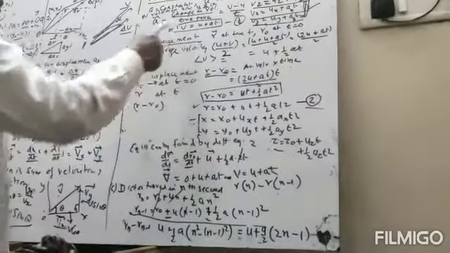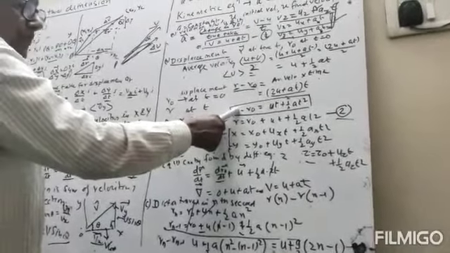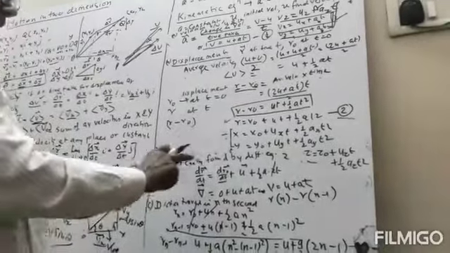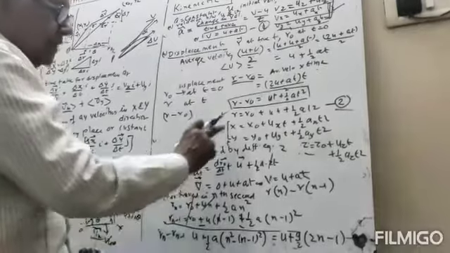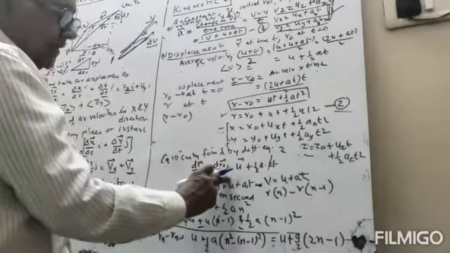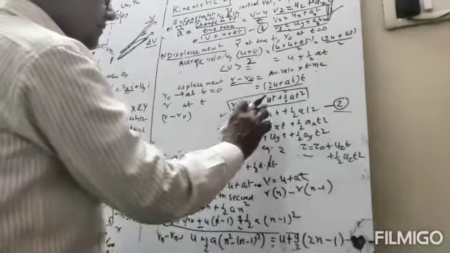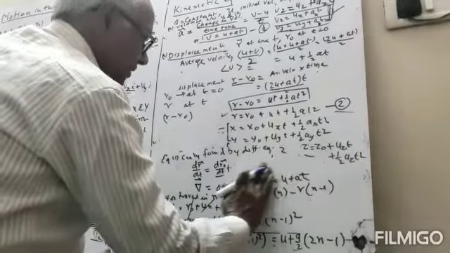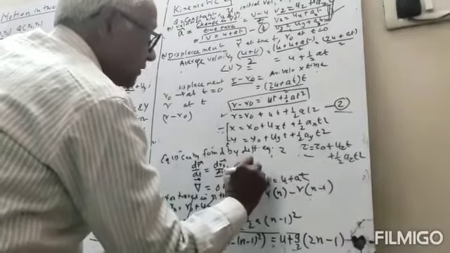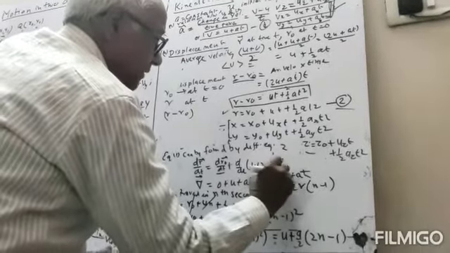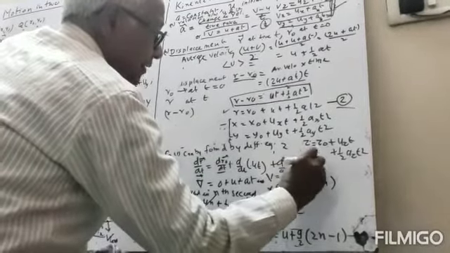If we differentiate equation number 2 with respect to time, what will happen? dr by dt is equal to dr0 by dt plus d by dt of ut plus d by dt of 1 by 2 a t square.